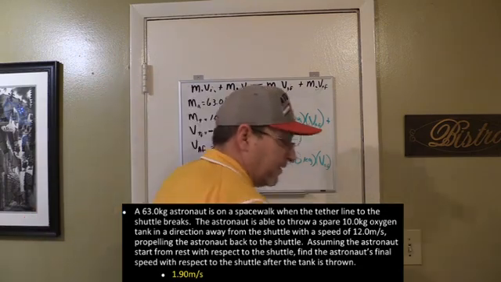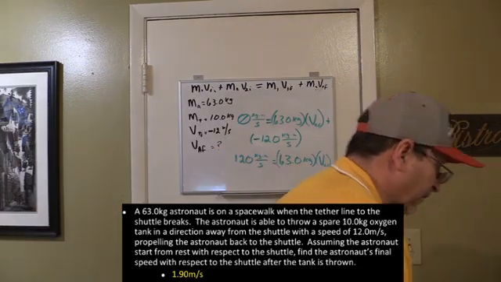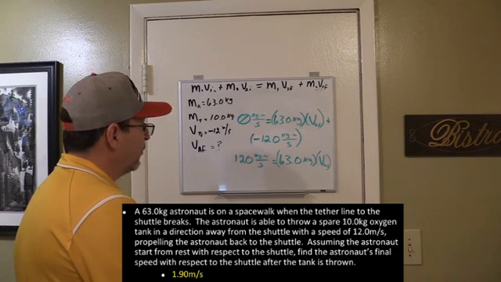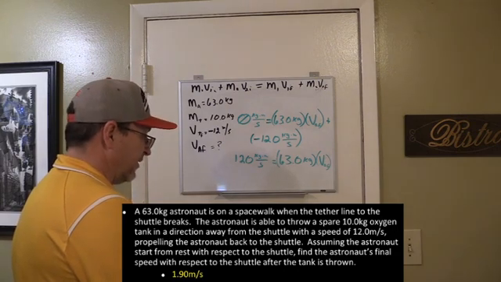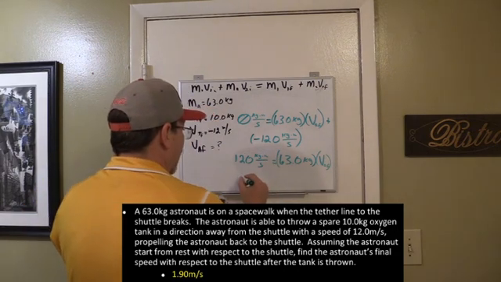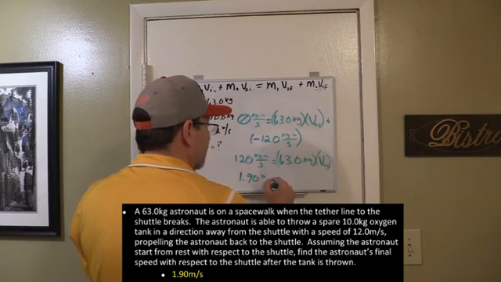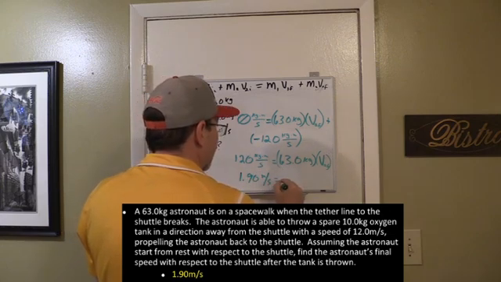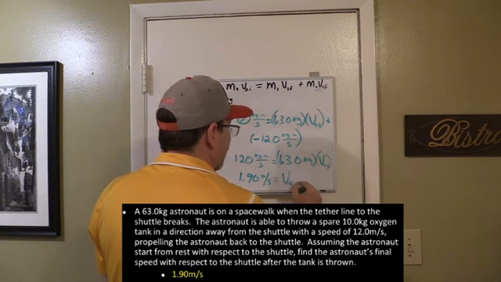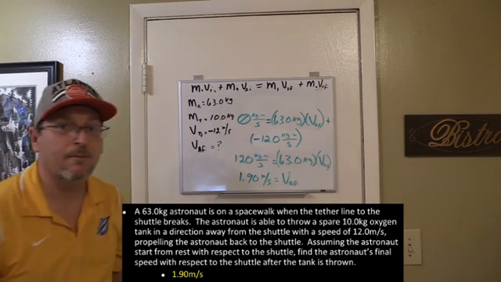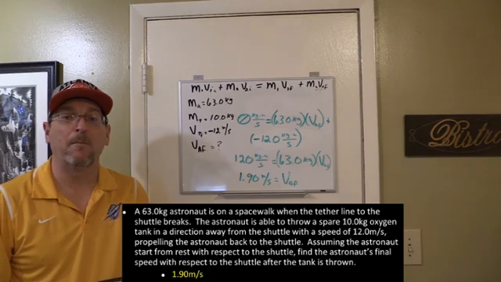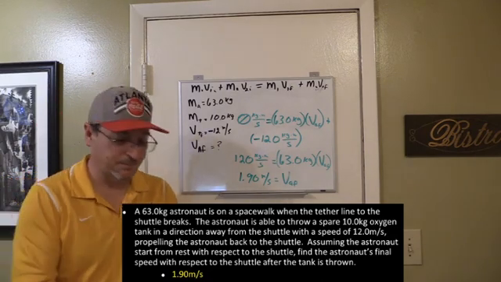Let me finish this up. I have 120 divided by 63, and I get 1.90 meters per second, which is my velocity of the astronaut final. All right. Cool.